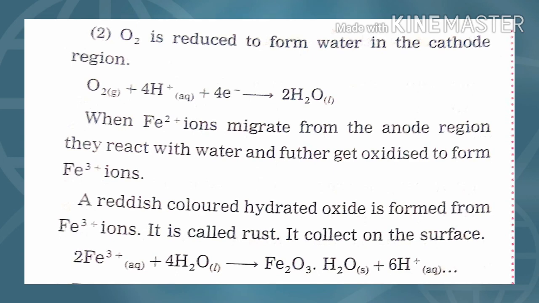Oxygen is reduced to form H2O in the cathode region, that is O2 plus 4H+ plus 4 electrons gives 2H2O. Fe2+ ion migrates from anode and reacts with H2O and further gets oxidized to form Fe3+ ion. So rust is formed from Fe3+ ion, that is 2Fe3+ plus 4H2O gives Fe2O3.H2O plus 6H+.